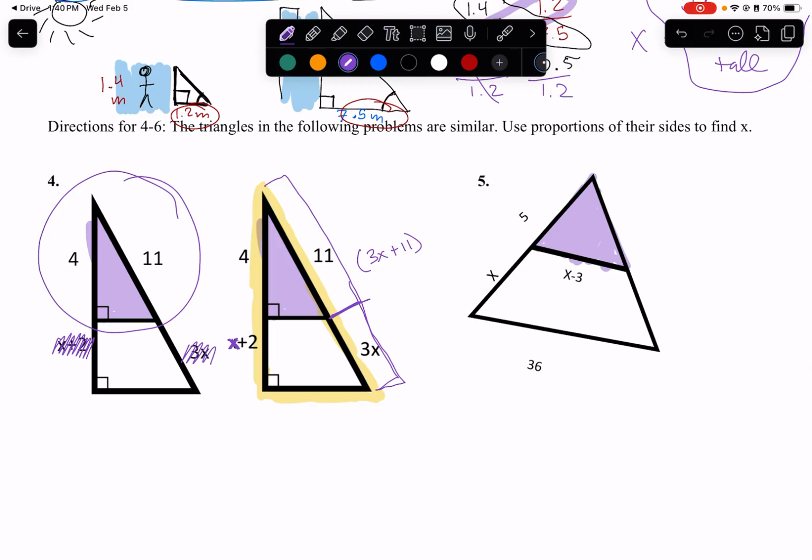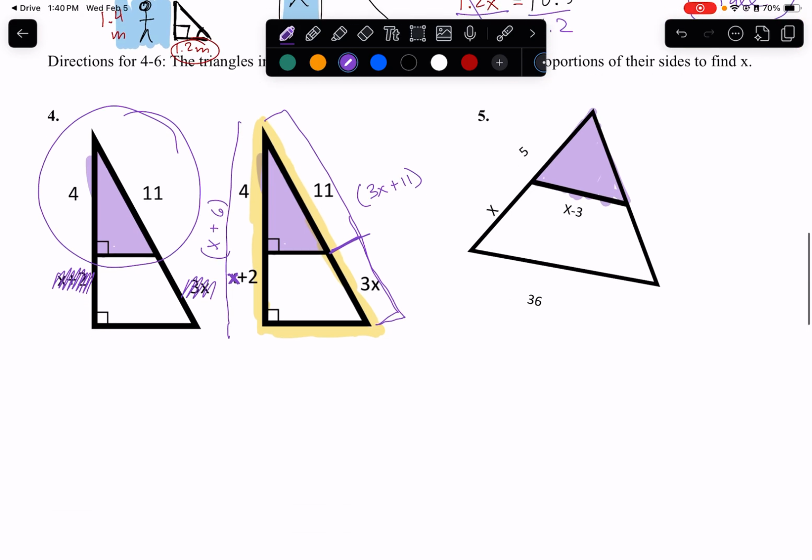Then on the other one, I'm going to do the same thing. I have x plus 2 plus 4. 2 plus 4 is 6, so I'm going to make this side x plus 6. Now, when I set this up, I'm going to take a measurement from the triangle on the left.